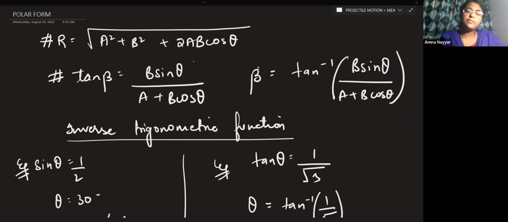Vectors are those quantities that have a magnitude as well as a specific direction, plus they obey vector laws.